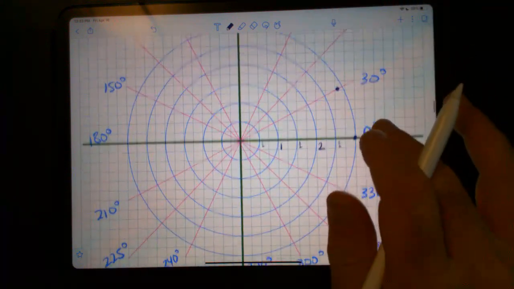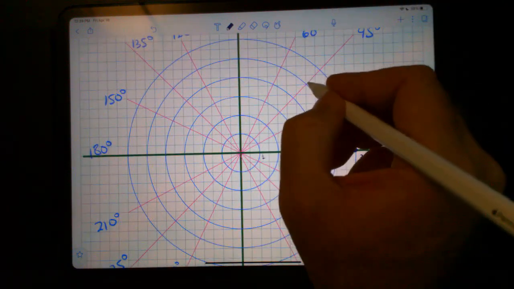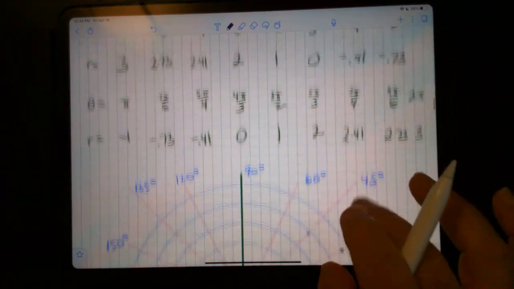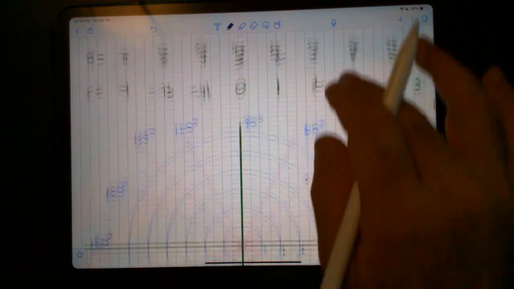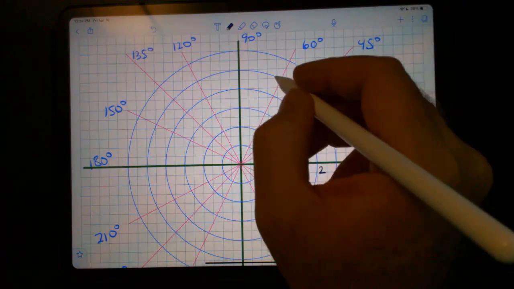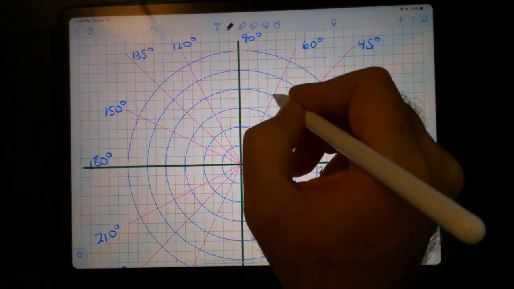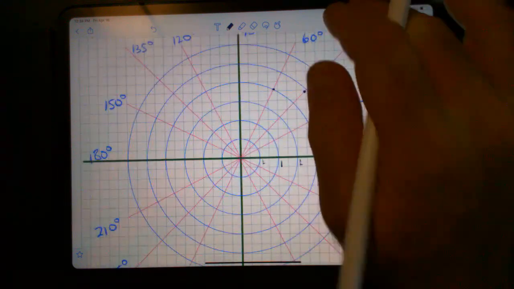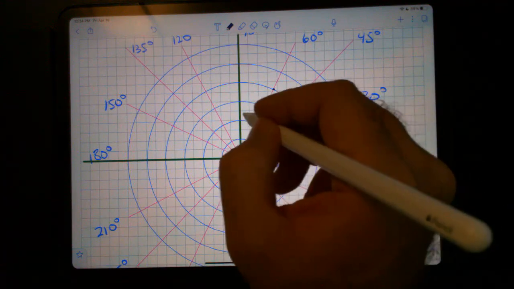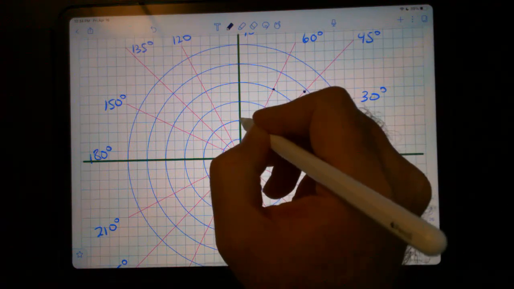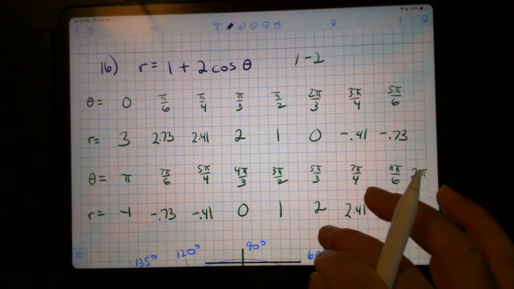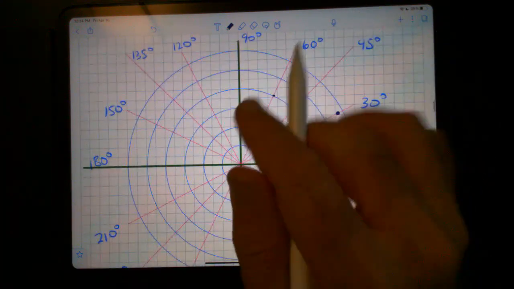Pi over 4, a little less than 2.5. Pi over 3, we have 2. Pi over 2, we have 1. 2 pi over 3, we have 0.